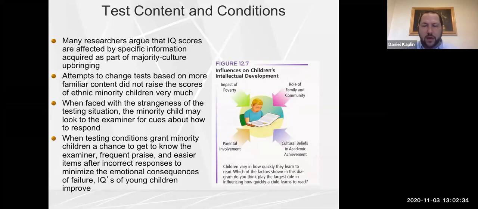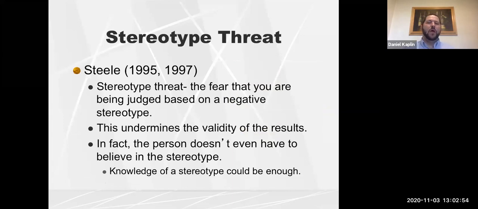Variability in any one, let alone all of these factors, could impact a person's IQ test or intellectual development. So we don't want to just say, well, this is purely genetics, because there's environmental influences that affect the intellectual development. And then there was Claude Steele.